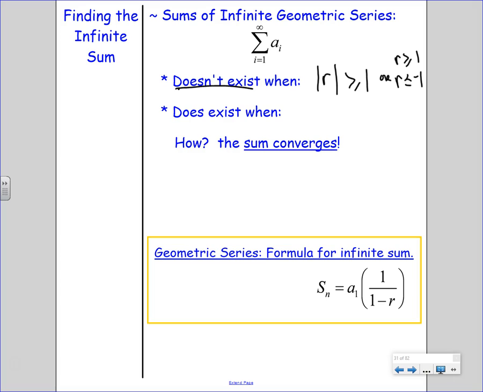But if r, like you guys saw, is something less than 1, and it works for negatives too, so greater than negative 1, any of the numbers that are 1/2, negative 1/2, 3/4, negative 3/4, 11/12, negative 11/12, any number, positive or negative, that has a magnitude less than 1, not greater than or equal to, the sum will exist.